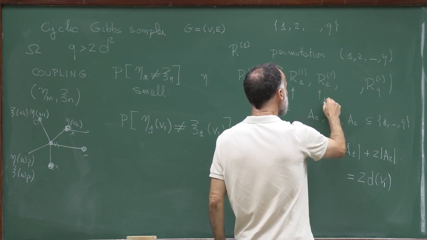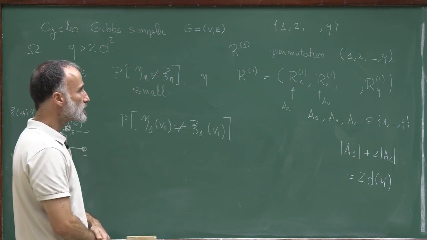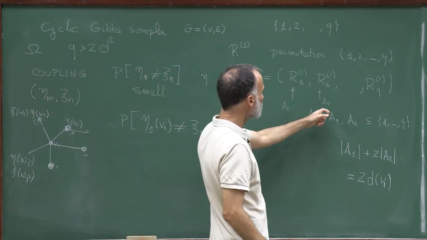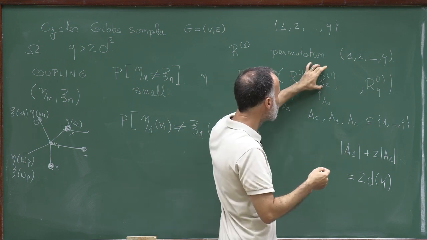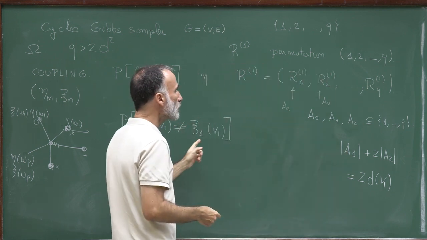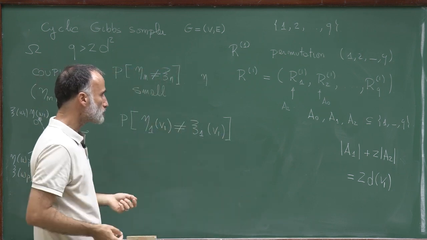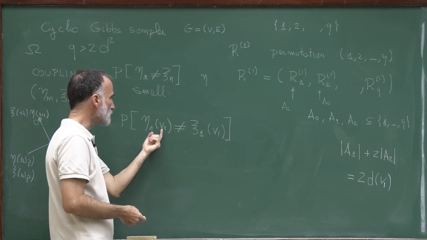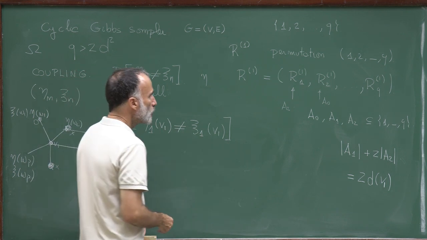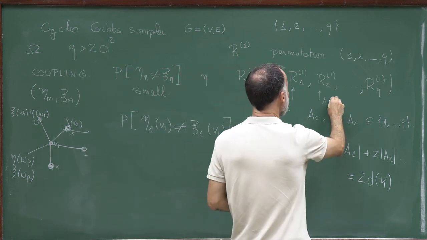If this second color is in A0, well, then it's very nice because this color is not used by eta, it's not used by psi, therefore I can use it for both. And therefore, in my update, I will be able to use that color, which means that the color of the vertex V1 for eta will be the same. What might happen is that this color belongs to A1.